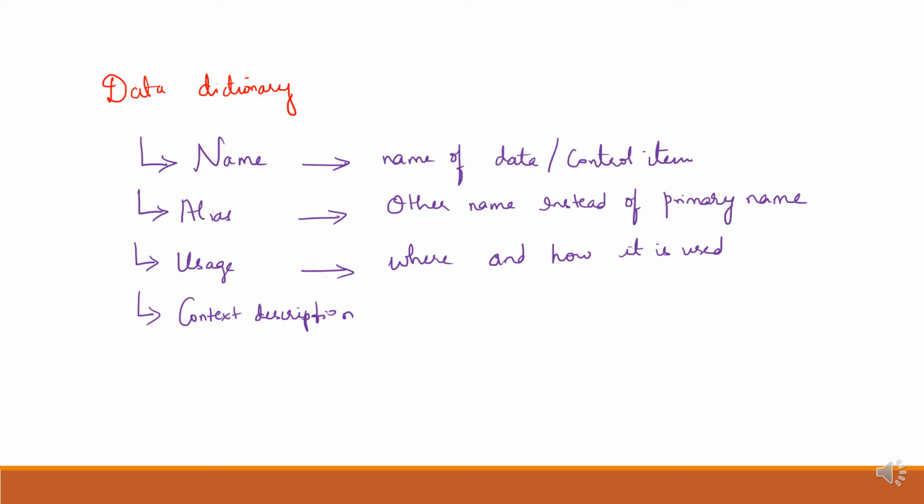Finally, it will have other information, which gives the data types, preset values, range of values, and any restrictions we have in using any components or blocks. These are the various pieces of information present in the data dictionary.